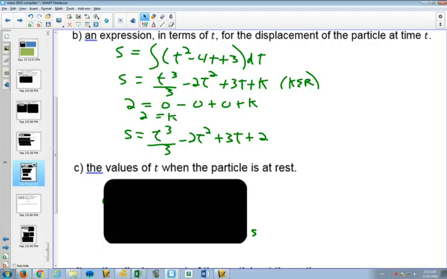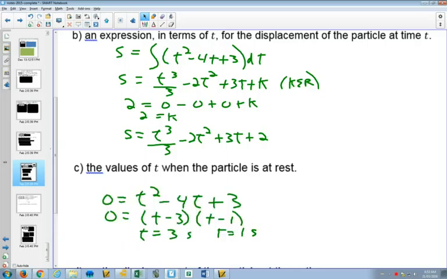The acceleration due to gravity is still negative 9.8, but the velocity, changing from positive going upwards to negative going down, is going to equal 0. So we use our velocity equation, put it equal to 0, and solve.